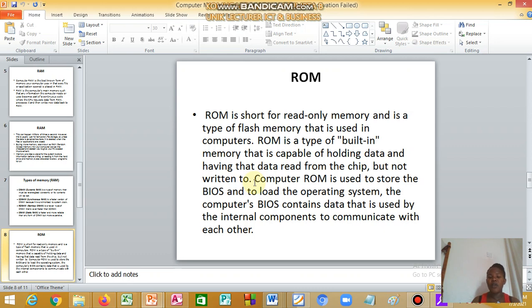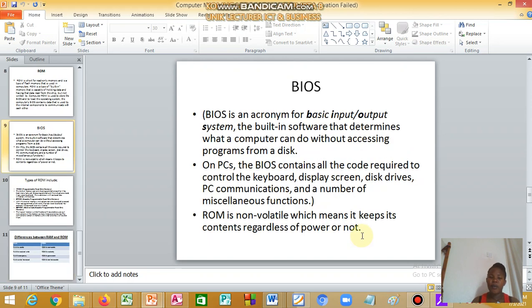Computer ROM is used to store the basic input-output system and to load the operating system. The computer's BIOS contains data that is used by the internal components to communicate with each other. So when we talk of the BIOS, basic input-output system, it is the built-in software that determines what the computer can do without accessing programs from the disk.